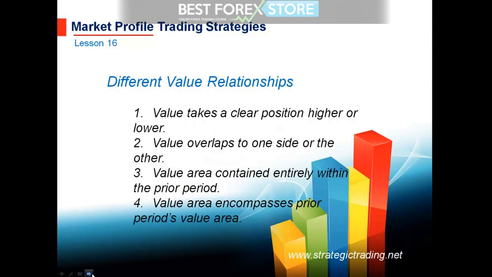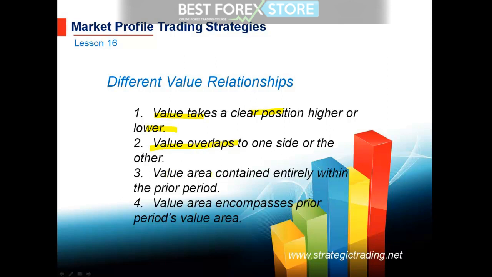First of all, you need to understand that there are 4 different basic value relationships that you will see to volume, or value placement relative to volume. Value areas may actually take a clear position higher or lower than the prior period's value area. We could have value overlap to one side or the other.